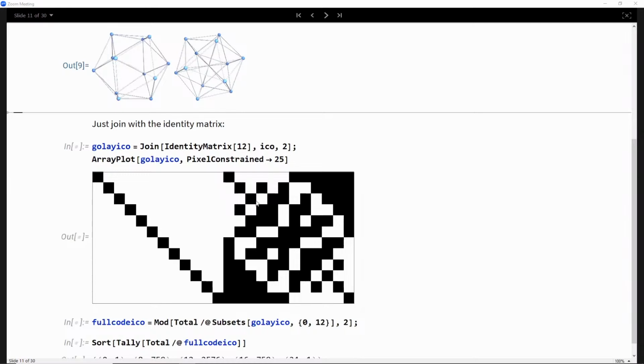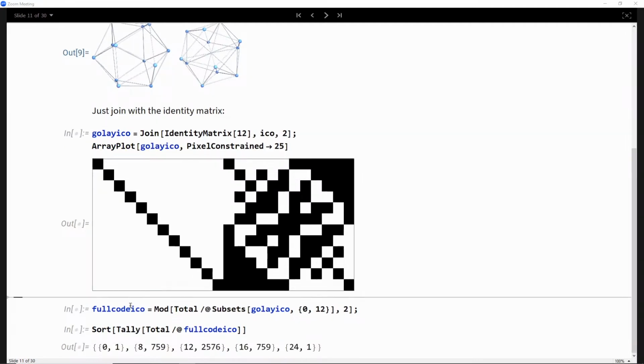So here's the identity matrix of the reverse icosahedron, where you take the edges of an icosahedron and you remove those and you fill in the edges that weren't in the original. And you get this sort of structure. With that combined with an identity matrix, this is a generator for the binary Golay code.